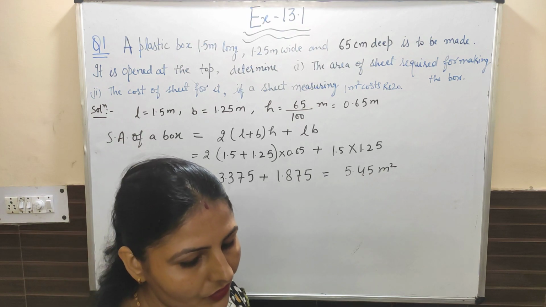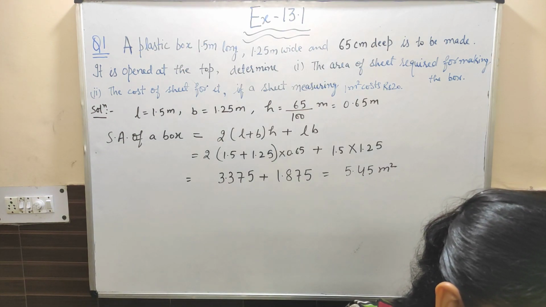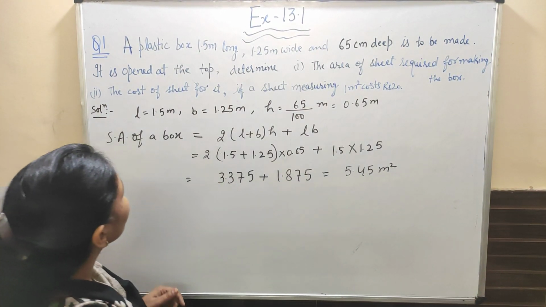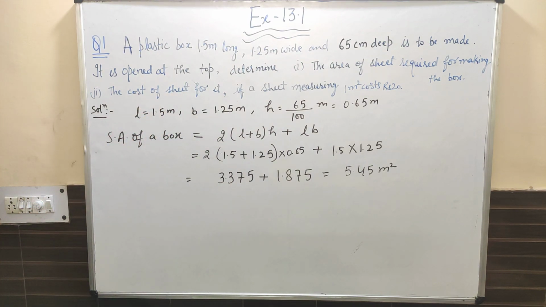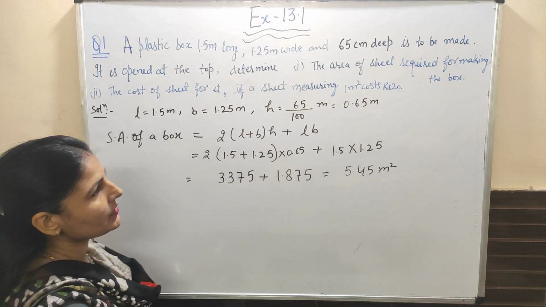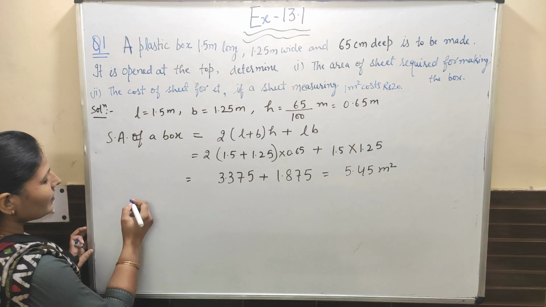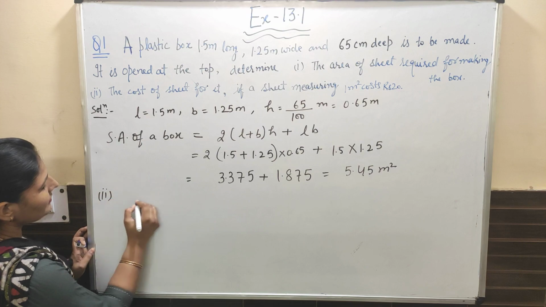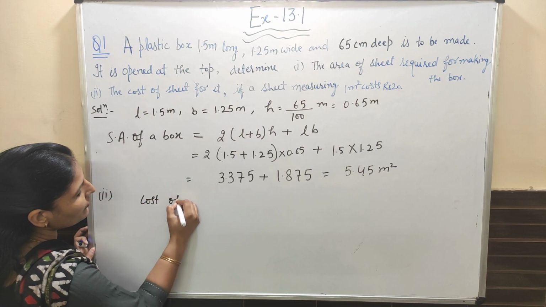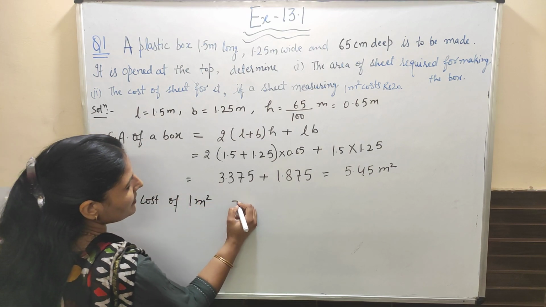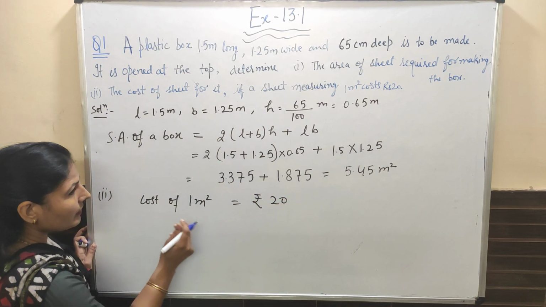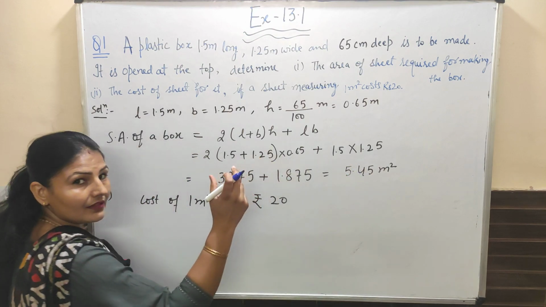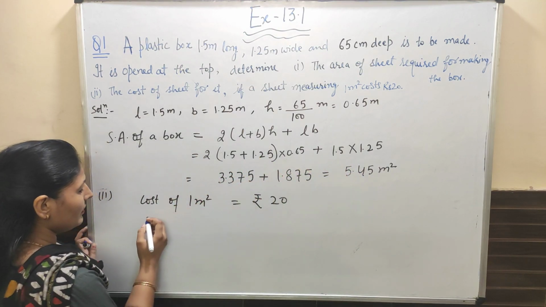Okay. Now we have to find the cost of this. In second part, we are given cost of a sheet measuring 1 meter square, which is equal to rupees 20. So we have to find the cost of this area. कि इसकी cost क्या होगी?